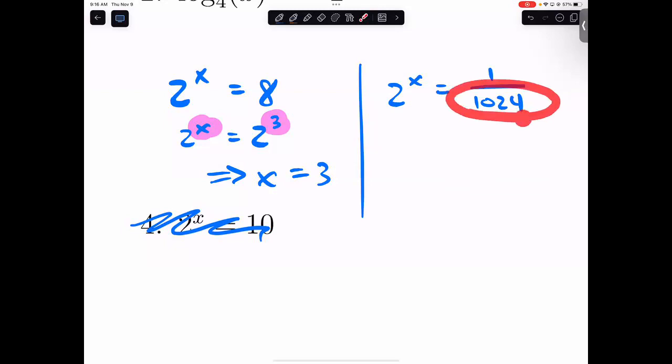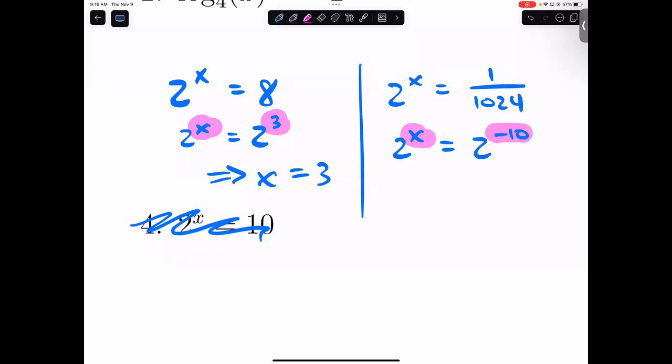At some point I can make that number big enough that we wouldn't. 1024, I probably don't recognize that right off the bat as a power of 2, right? Maybe if you're into computer science, but it is. It's 2 to the 10th. It's in the denominator, so it's 2 to the minus 10. So then x must be negative 10.